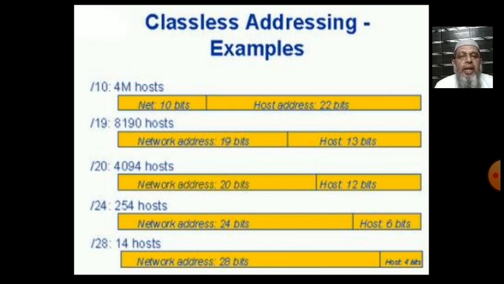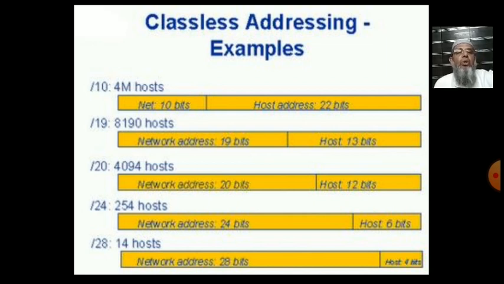If you are using 20 network bits, then the host bits will be 12, and each network will contain 4,094 hosts. If you are using 24 network bits, then the host bits will be 8, and 254 hosts will be used. With /28, the host bits will be 4.